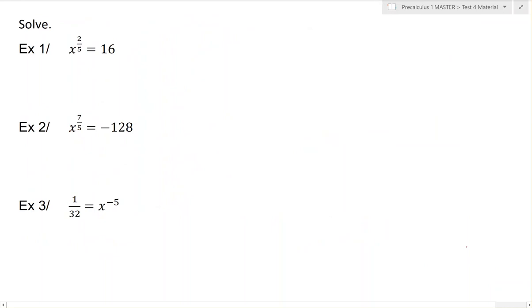Alright, let's solve some equations, remembering some exponent rules here. If I have 2 fifths as my exponent, what I can do is raise both sides to the power of 5 halves. That is going to give me x by itself.